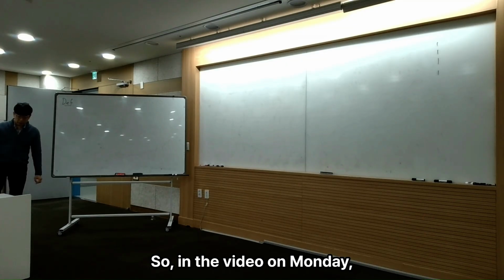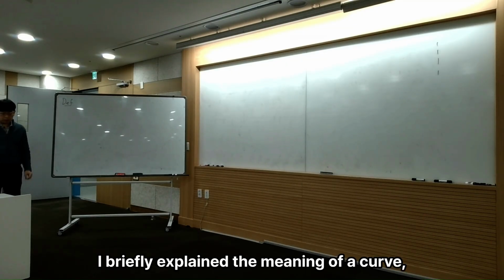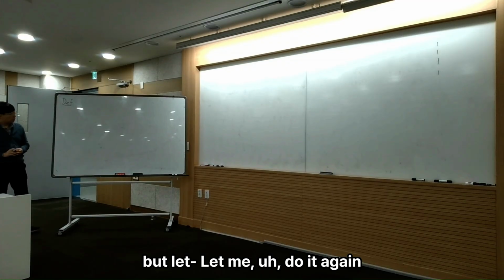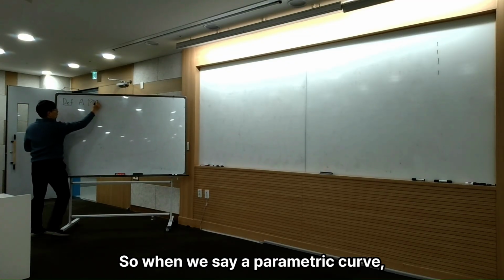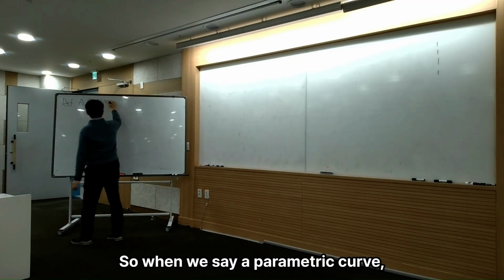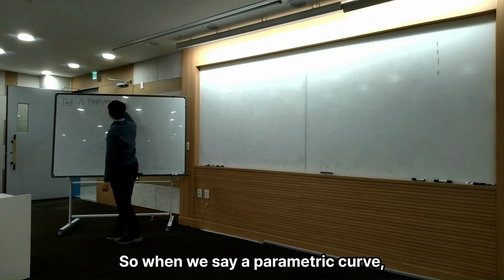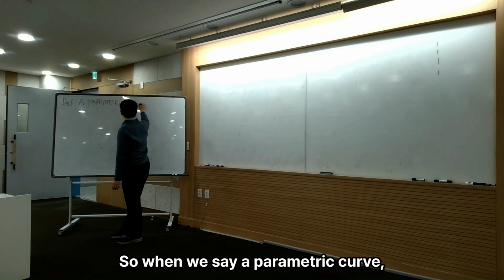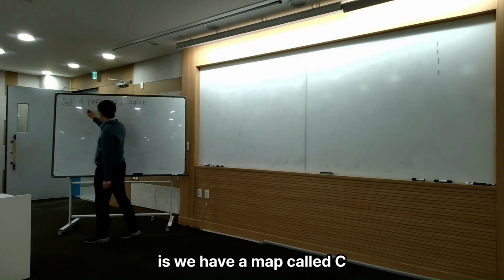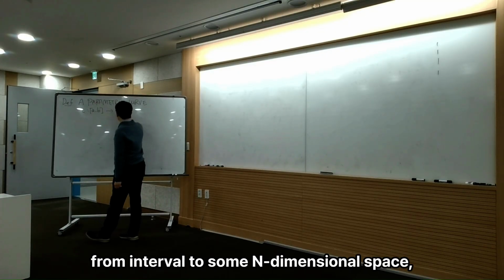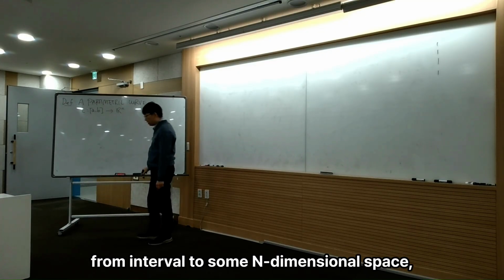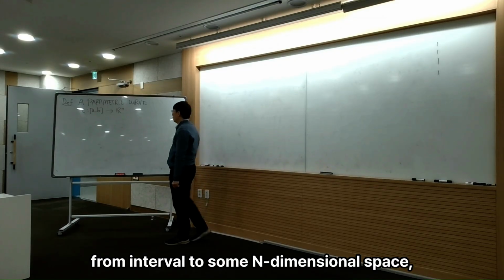In the video on Monday, I briefly explained the meaning of a curve, but let me do it again. When we say a parametric curve, what we mean is we have a map called C from an interval to some n-dimensional space.